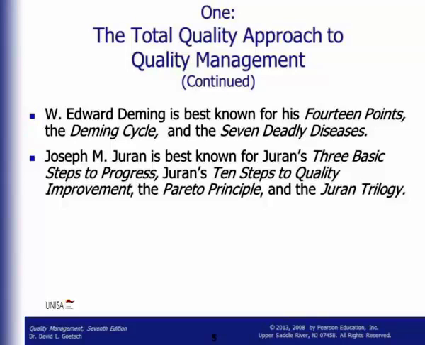Just a matter of interest, you will find that all past year examination papers have some sort of contribution in terms of the quality gurus. So it is imperative that you go through them diligently, understand them, because a lot of what they have said can be implemented and can improve the workplace.